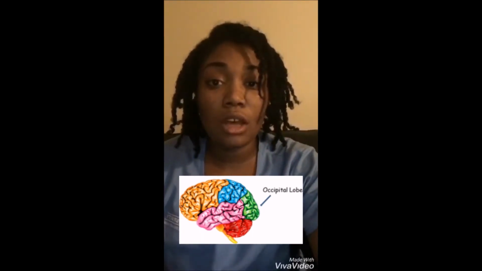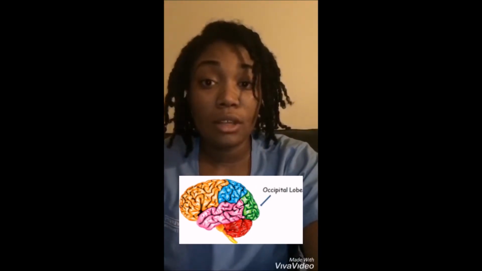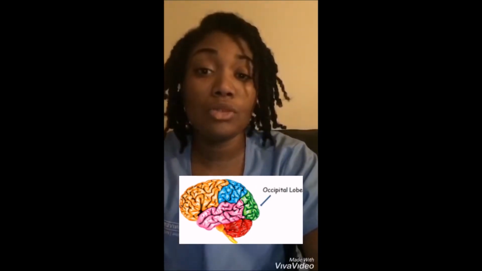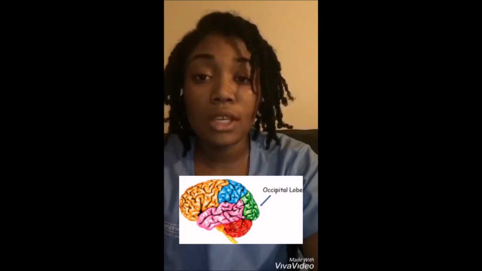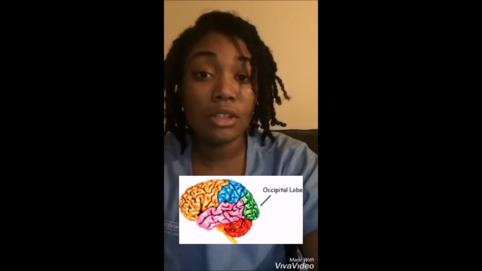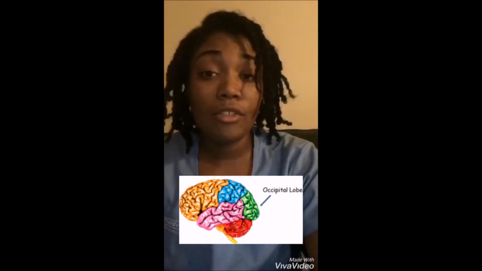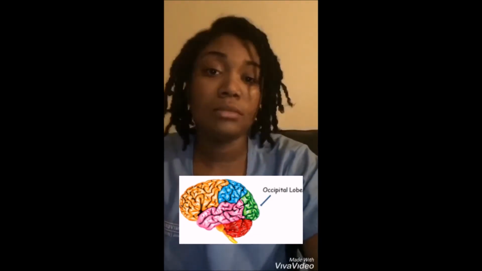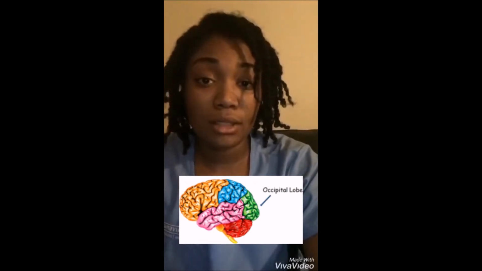Vision is the ability to detect images of visible light. The eye transmits this information via nerve to the visual cortex. The visual cortex takes this information and processes it so that we are able to determine colors, identify objects, shapes, and other visual aspects.